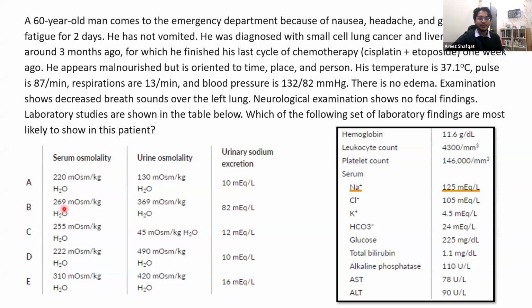So that is either B, A, or D. Urine osmolality would be high, so it's either A or B or D. And urinary sodium excretion would be high because you're reabsorbing all the water and leaving the sodium, because the renin-angiotensin-aldosterone system is not active. So urinary sodium excretion will also be high. So the answer would be B.